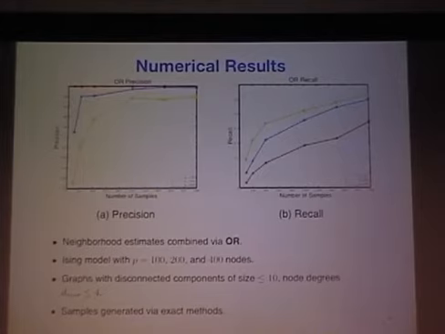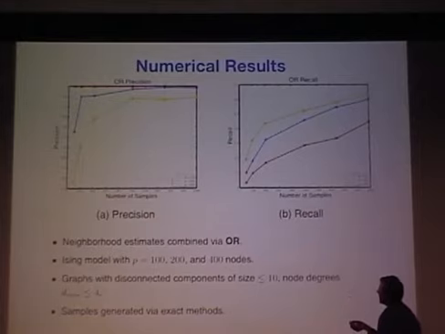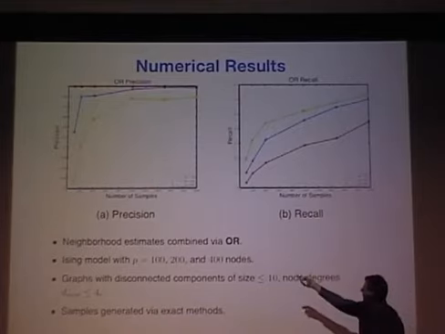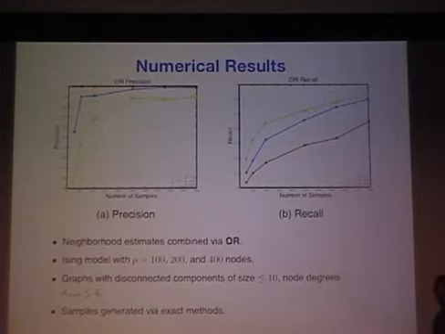So here's an example where we generate graphs of size 100, 200, and 400 nodes. On the x-axis, I've plotted the number of samples and the precision in reconstructing the correct neighborhoods.